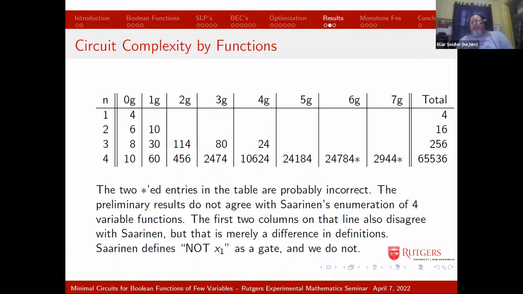So there are 224 circuits that I currently have misclassified. The first two numbers are also off, but only by definition, because I think in Saarinen's enumeration, he counted NOT as a gate and I don't. I count NOT as a zero gate circuit. So in his work, those numbers are 6 and 64.